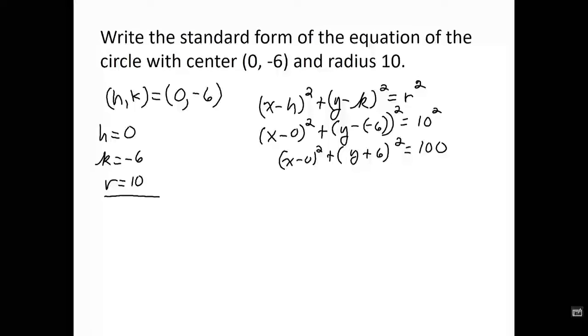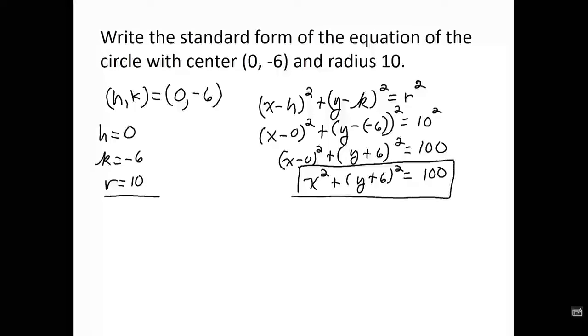Well, x minus 0, so we have x² + (y + 6)² = 100. So in standard form, the equation of the circle is expressed as x² + (y + 6)² = 100.